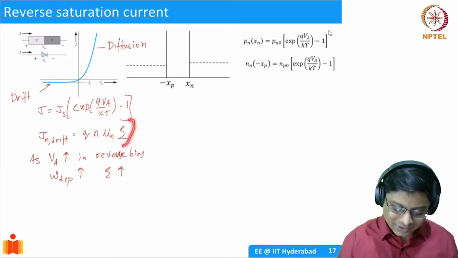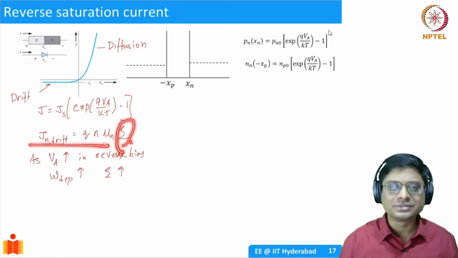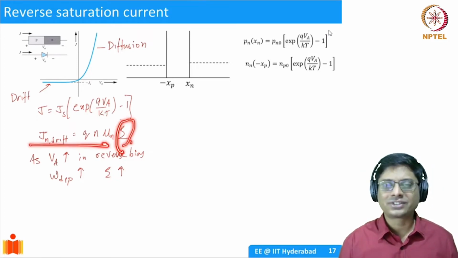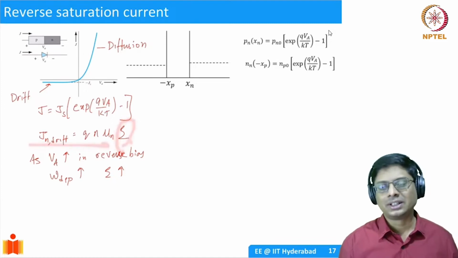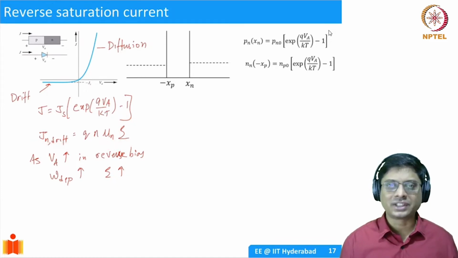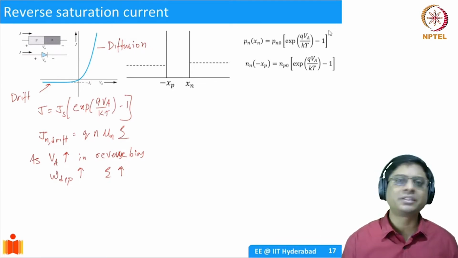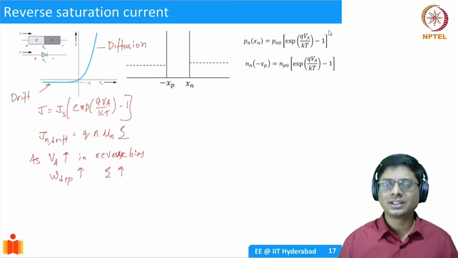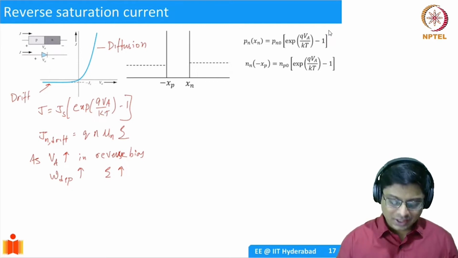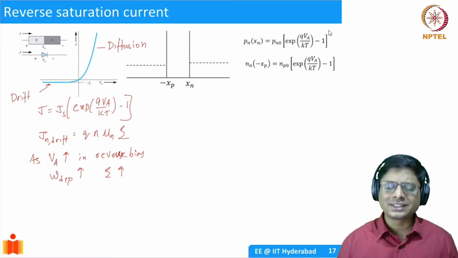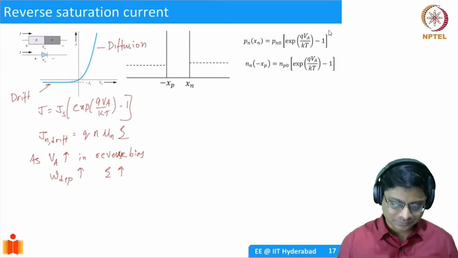Even though electric field is increasing, it seems that the drift current is constant, which is a very strange thing, right? Whenever we studied the drift current, you saw that the drift current was proportional to electric field. If the electric field increases, the drift current increases, right? That's what we have seen in the simple semiconductor cases. Now it is something different, and it's kind of a puzzle. I want you to think about what is happening here, okay?